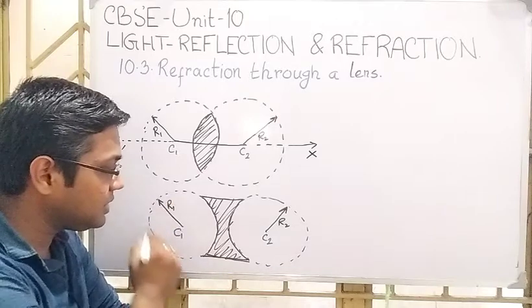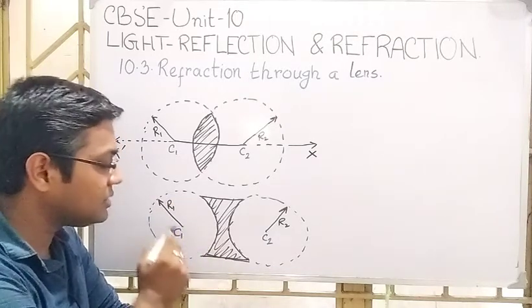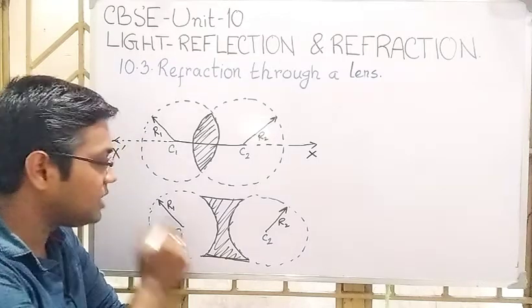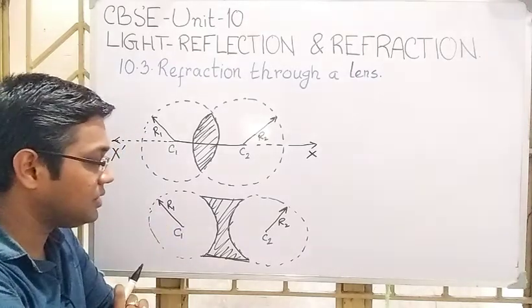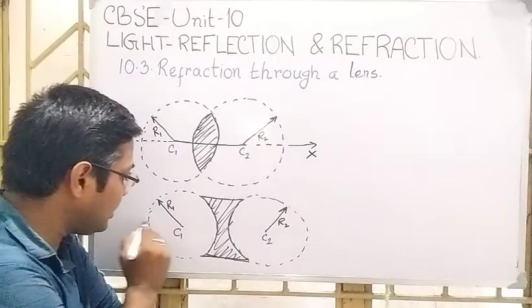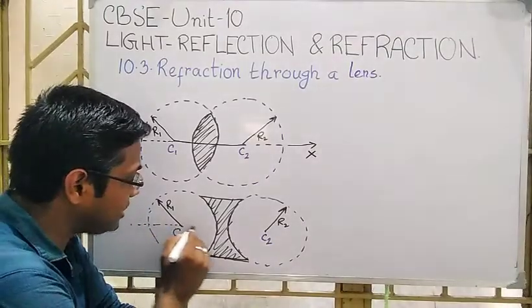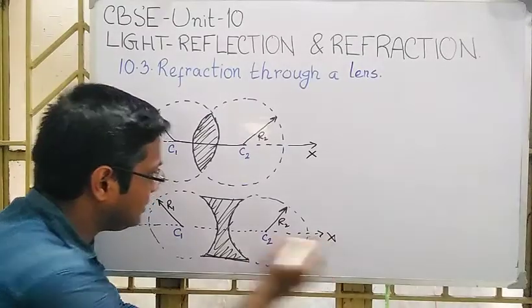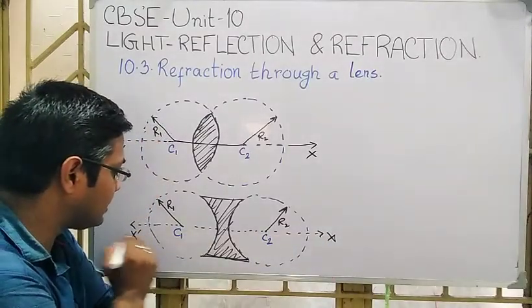This is another refracting surface, part of this sphere, whose center of curvature is C1 and radius of curvature is R1. If we connect C1 and C2 and extend this line up to infinity, we get the principal axis.